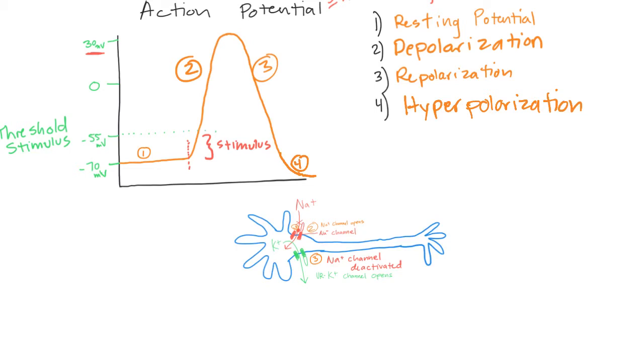Essentially more potassium goes out of the cell than sodium came into the cell. So now we're even lower than negative 70. And after that, the action potential is complete, and we return to the resting potential.